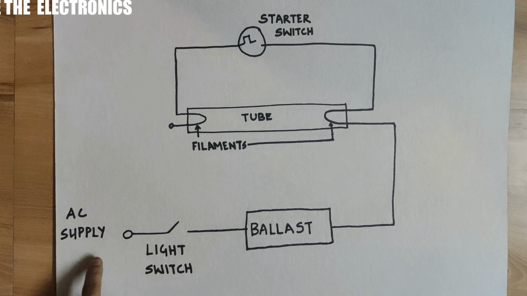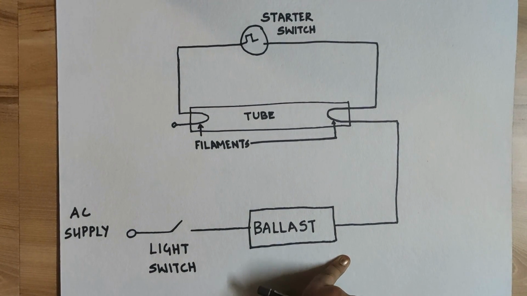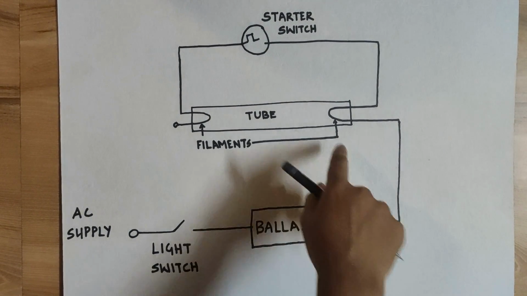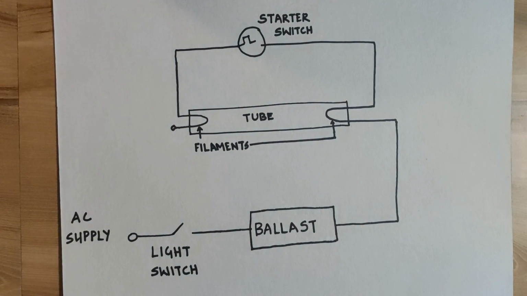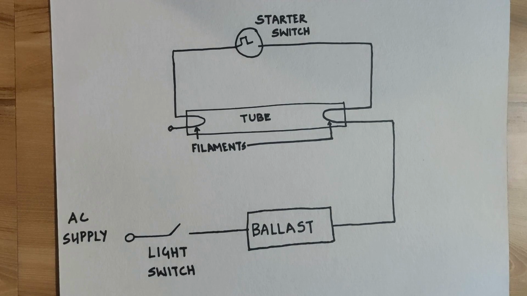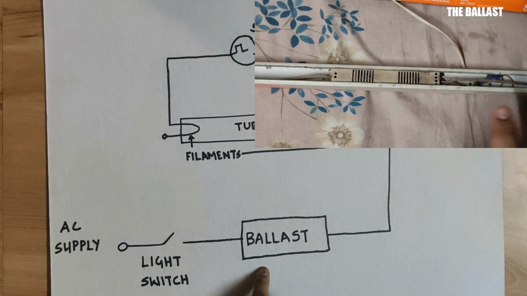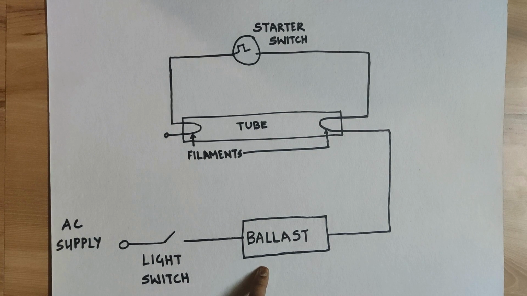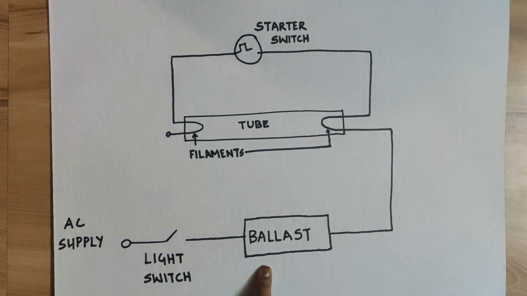The AC supply is connected in series with a ballast, which is an inductor, which is connected to the tube through a starter switch, which works as a gas discharge lamp. Now, when the voltage enters through the ballast, it first gets filtered through the capacitors and then the two inductors are used to limit the current.